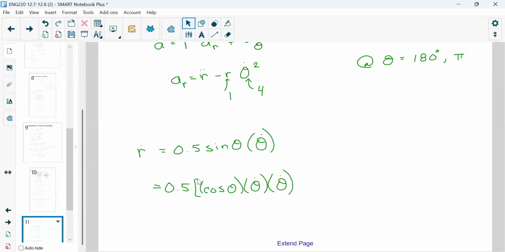This is my first plus, and then we're going to have the second. So that's going to be 0.5 sine of theta. This is then going to be theta double dot, which is actually what we are looking for, isn't it?